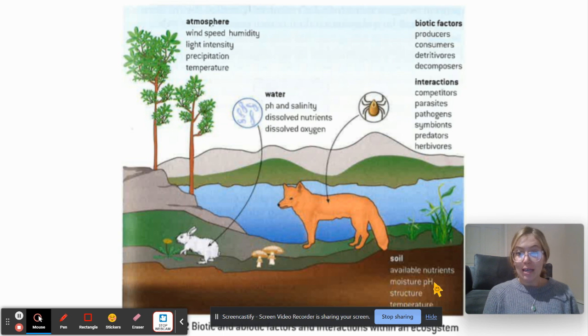And these are typically overlooked, I would say, by a lot of students, and the impacts that they have on species and how abiotic and biotic components really play into one another. So be familiar with all these. And some of these you already were exposed to during our 2.5 subtopic, where we looked at all the different ways that you can measure an ecosystem. So familiarize yourself with this in the book if you find a visual is more helpful.